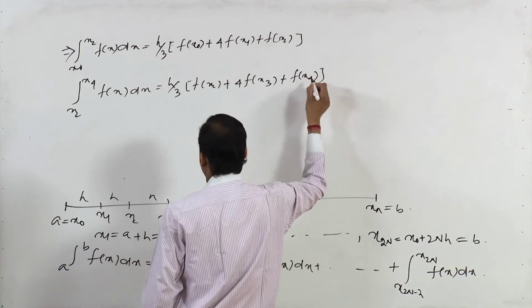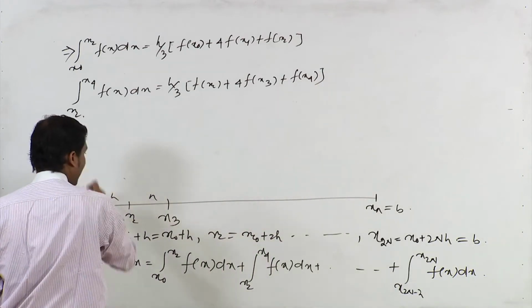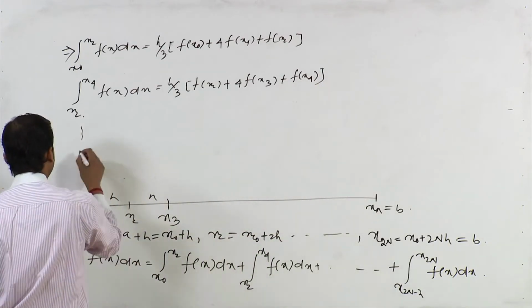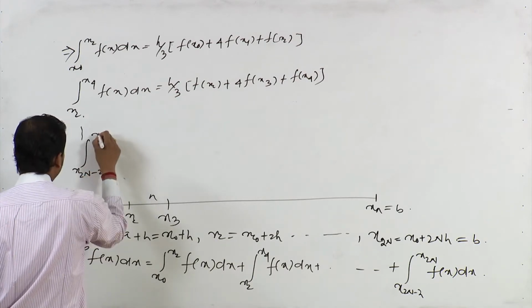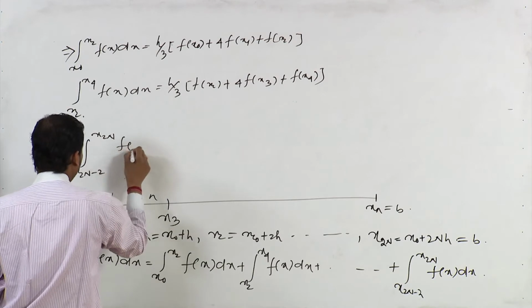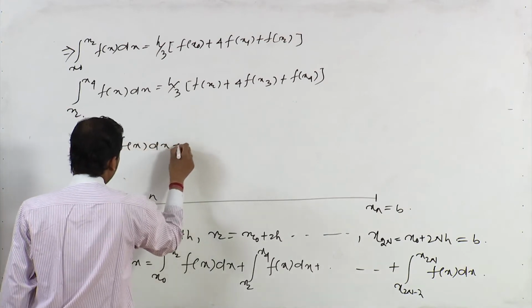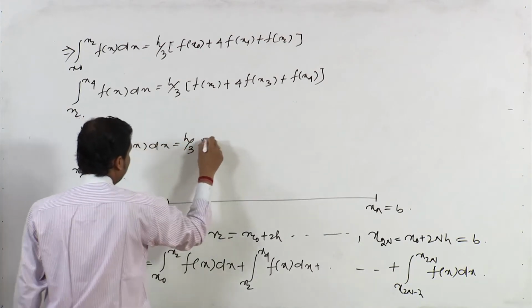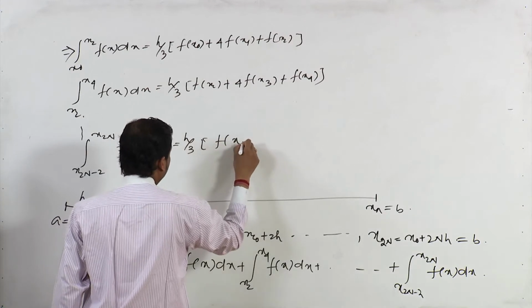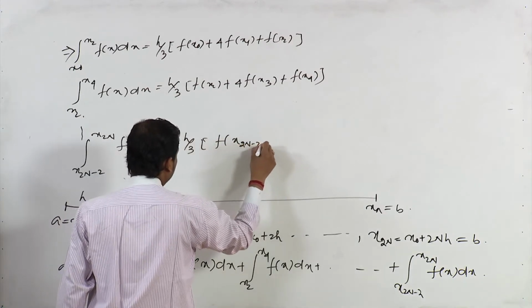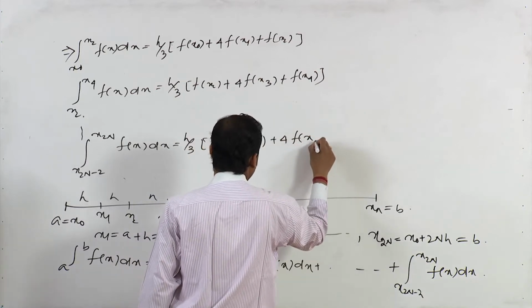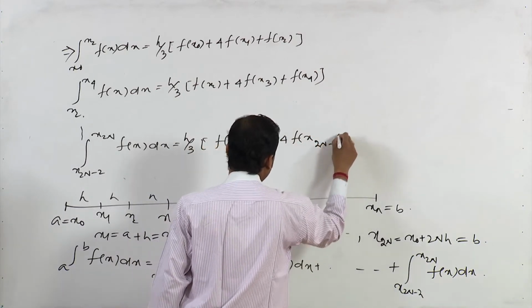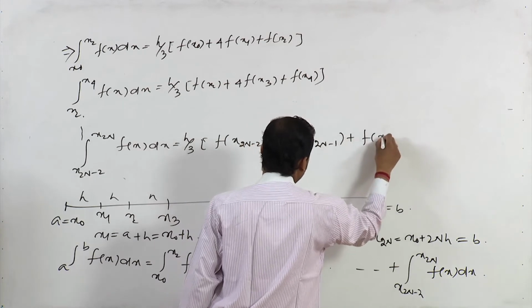Likewise, the last interval, from x of 2n minus 2 to x of 2n, can be written as h/3 [f of x of 2n minus 2 plus 4 f of x of 2n minus 1 plus f of x of 2n].